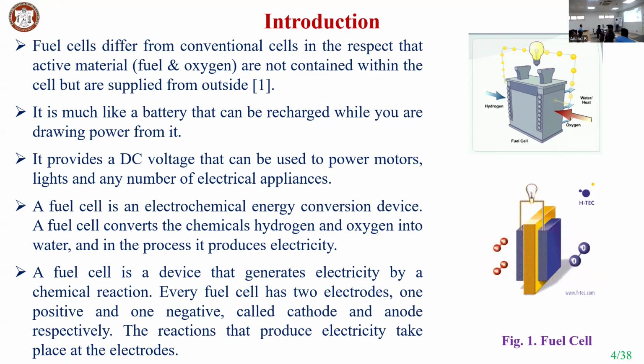Then we have the separation layer, which is going to allow only the positive ions. This is nothing but a membrane. Then you need to coat the catalyst over this to split the hydrogen into H plus and electron minus.